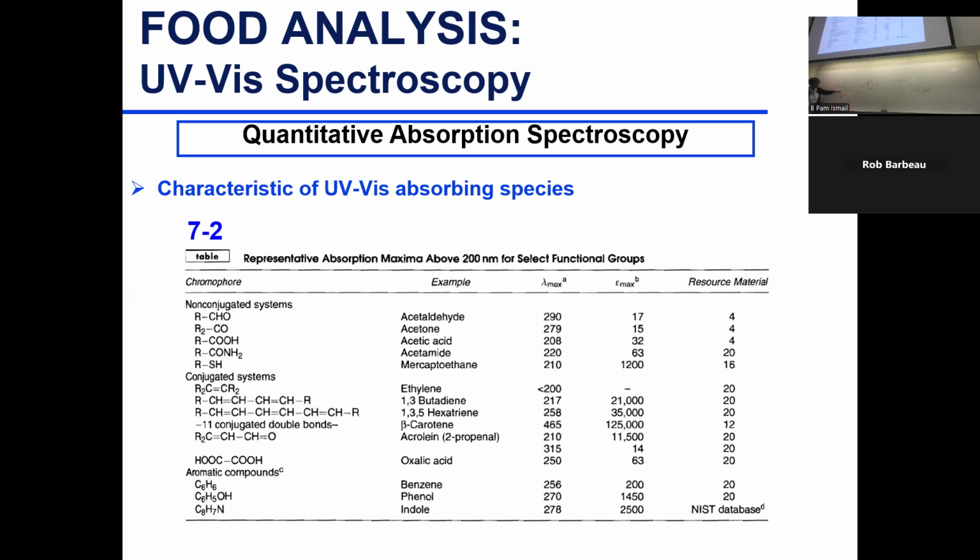When the concentration is molarity, you refer to it as epsilon or molar extinction. Each of them has specific constant based on the wavelength for a compound that has a chromophore.